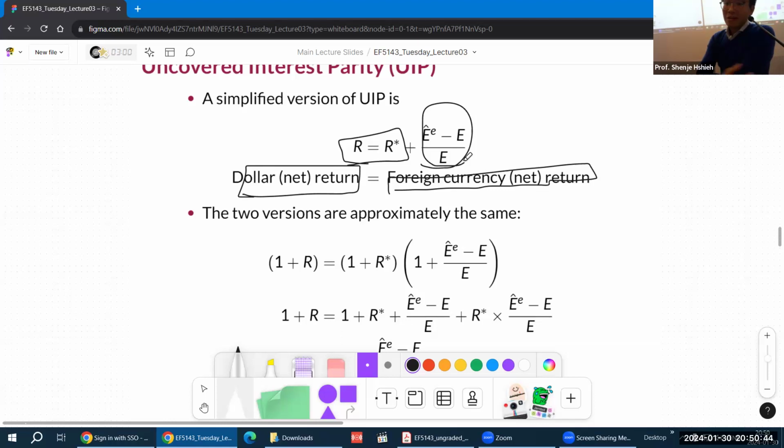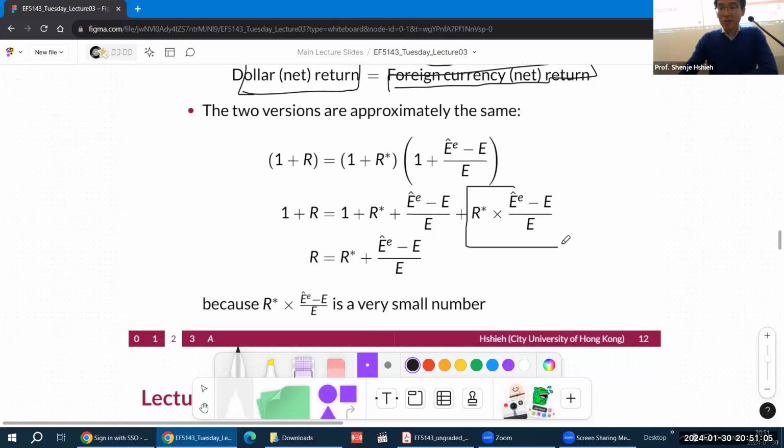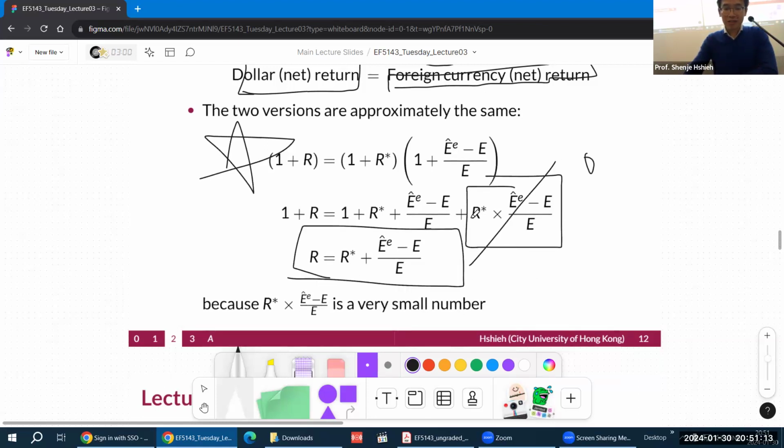If it's positive, that means the foreign currency will appreciate in value, or alternatively, the domestic currency will depreciate in value over that investment horizon. If it's a 1-year bank deposit, then it's a depreciation rate over 1 year. The derivation is the same, just multiply everything out from this 1 period model, and you realize that a small number multiplied by a small number is basically 0, so we can work with just this as an approximation.